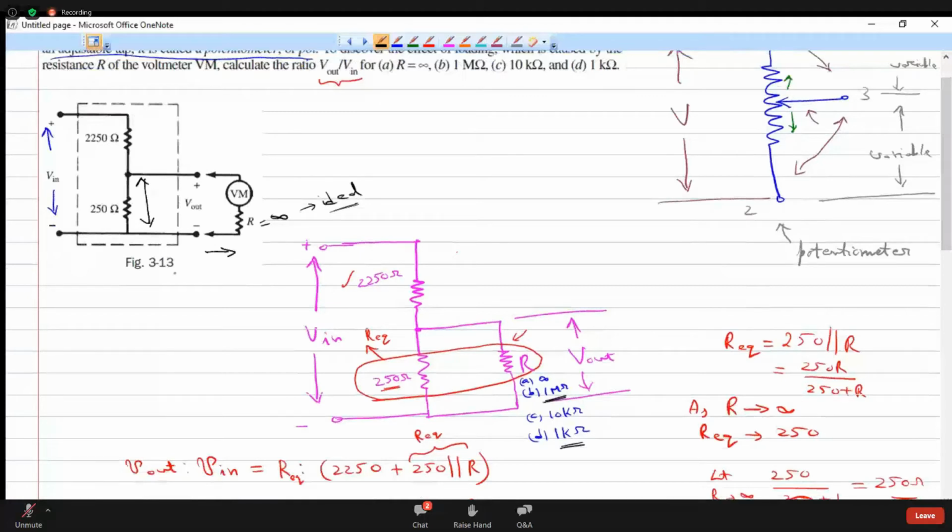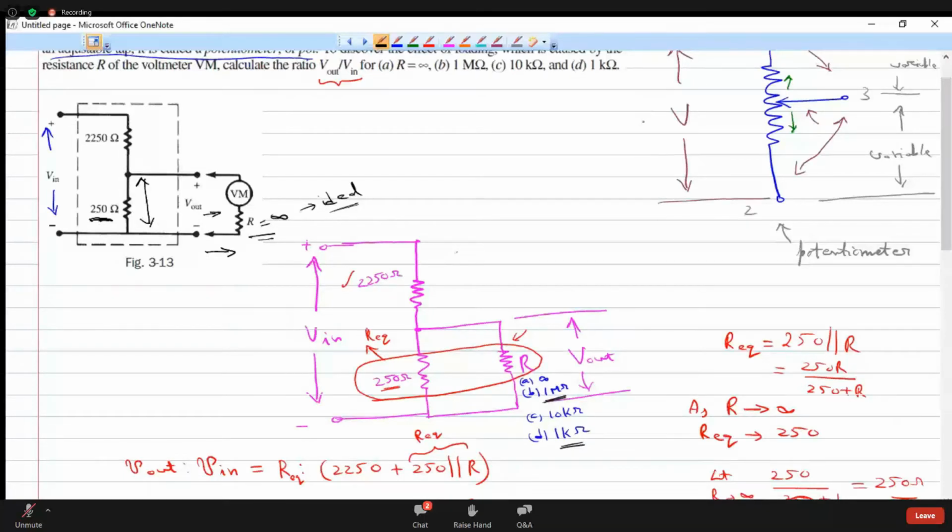So you should have some consideration on what is the impedance that is coming here. Ideally the measuring instrument should have very high impedance as compared to the impedance here, or for DC it is resistance.